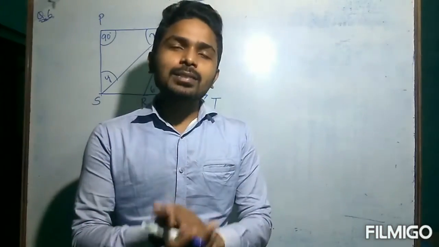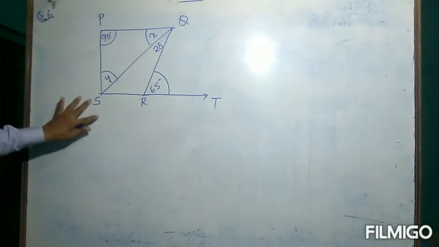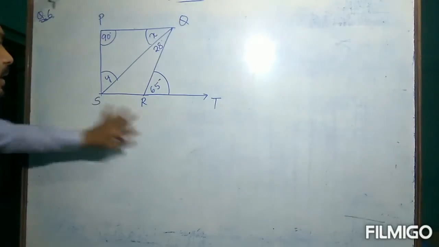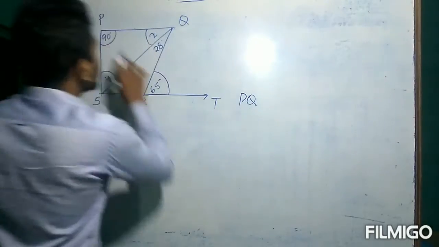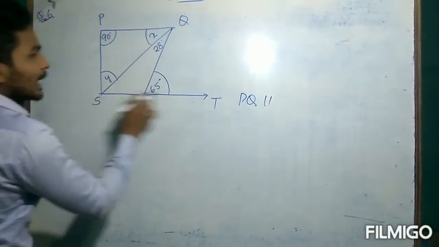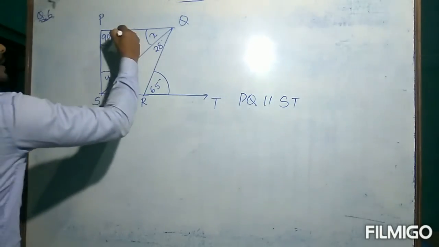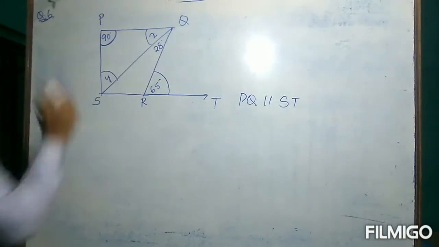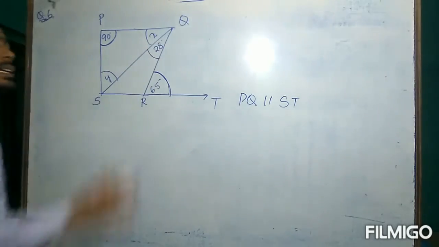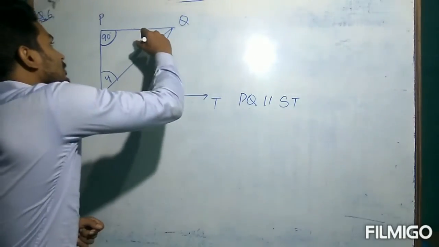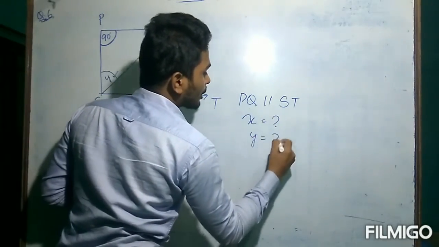So finally coming to the last question of this chapter, that is question number 6 from exercise 6.3. In this question there is a figure, and it is given that PQ is parallel to ST, and this angle is 90 degree, this angle is 65 degree, this angle is 28 degree, and you have to find the value of two unknown variables x and y.